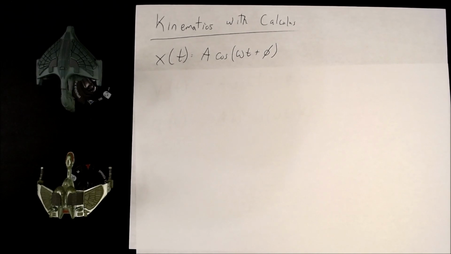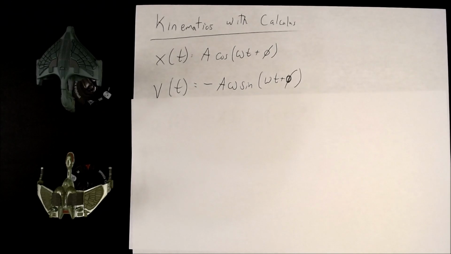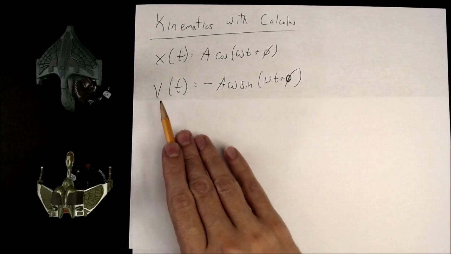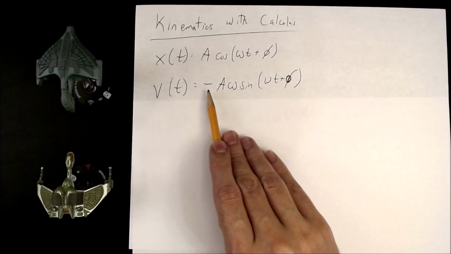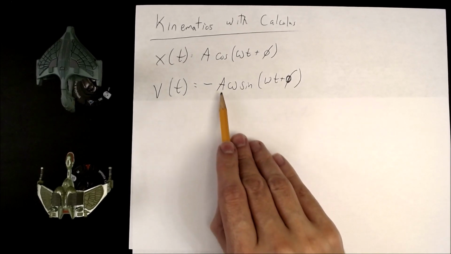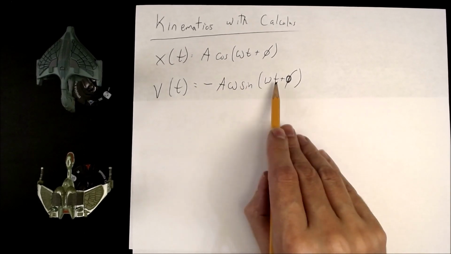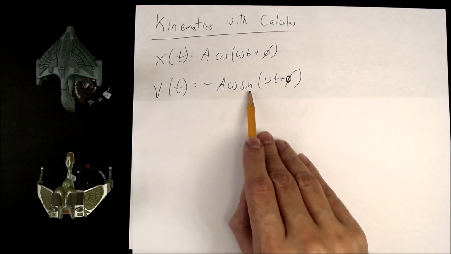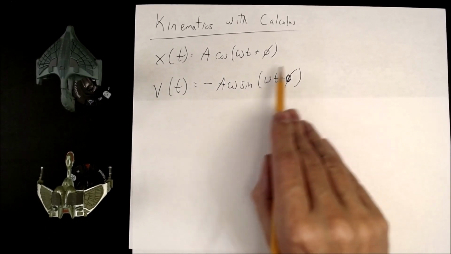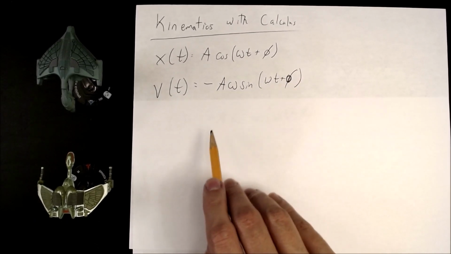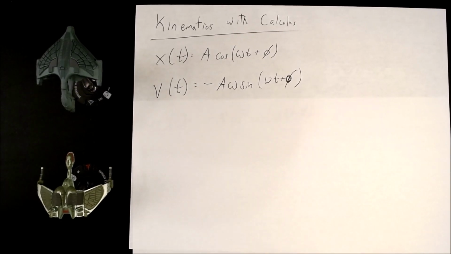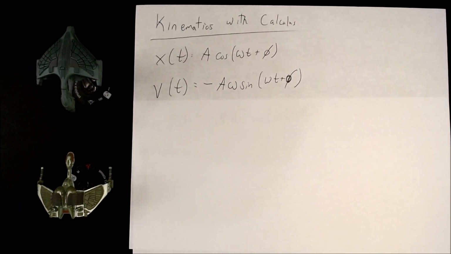All right, did you get this? That the velocity as a function of time is going to be negative A times omega times the sine of that interior garbage? I hope so. That's some good calculus right there to look at. And what about the acceleration? Can you find the acceleration?